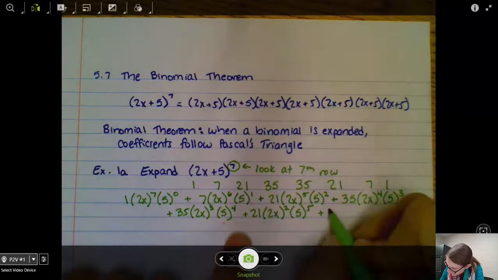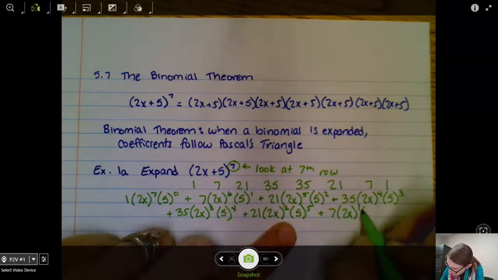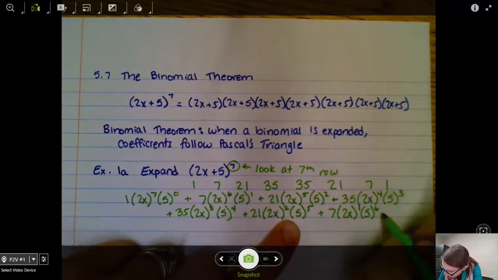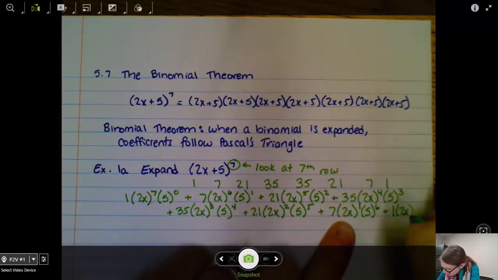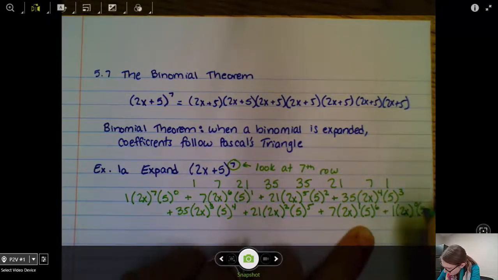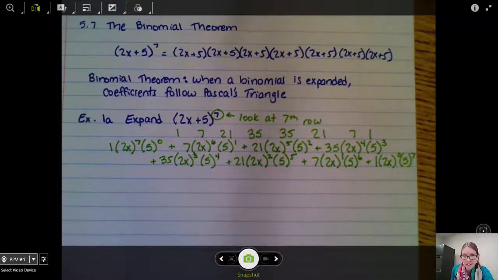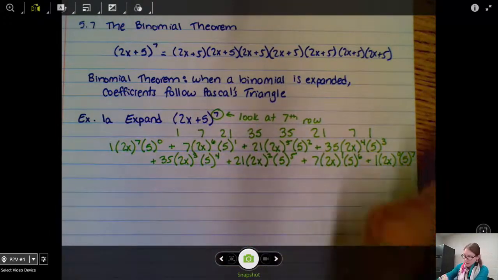Plus 7. 2x loses again, 2x to the first power. 5 to the sixth power. And then finally, plus 1. 2x loses a power. 5 gains a power. I still have a lot of simplifying to do, but I don't have to do all of the crazy foiling and then foil again and foil again and foil again.